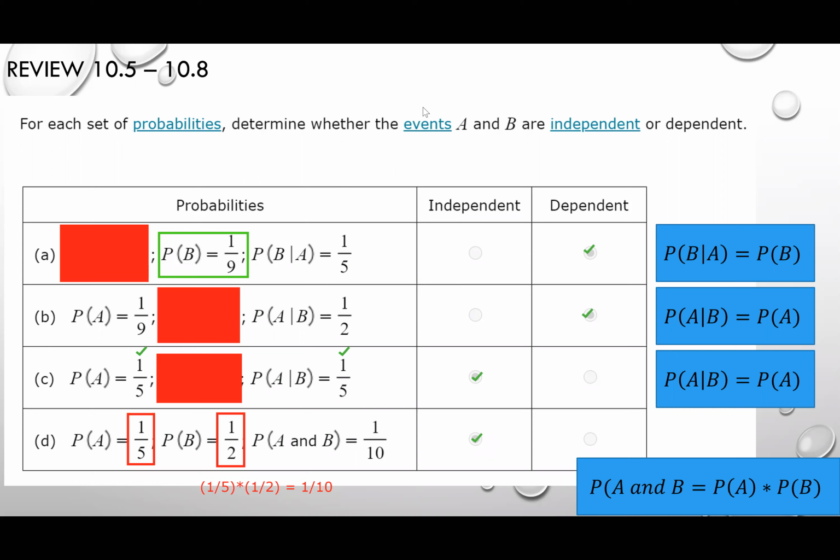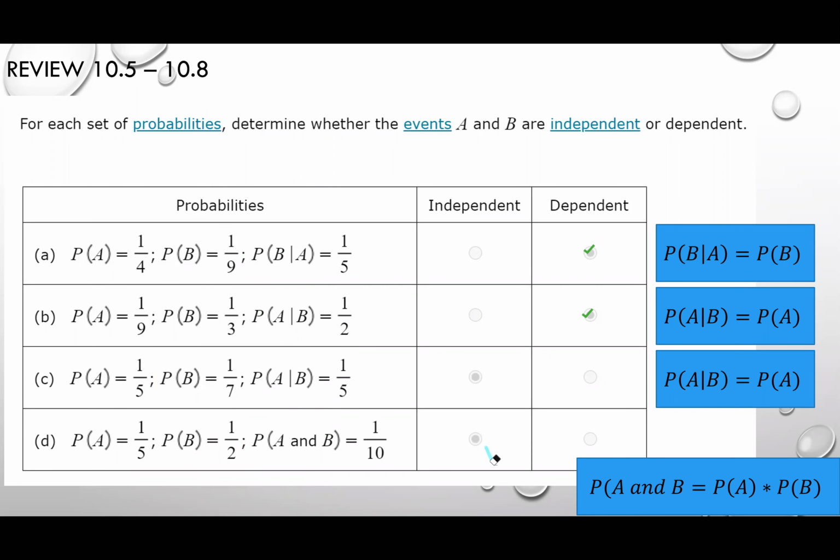If you did this question and you don't understand how to determine if it's independent or dependent, basically you look at this criteria. If these two items are equal, they are independent. Okay. That's the question with this particular problem, ladies and gentlemen.